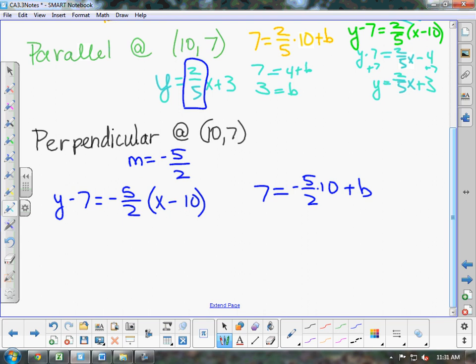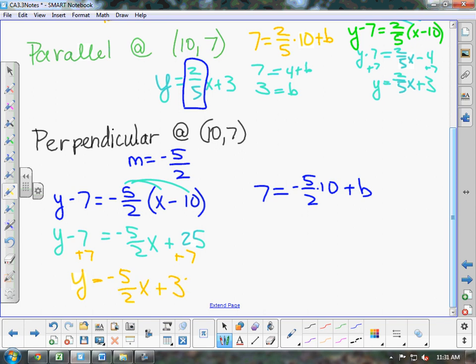Solving either one of these two, distributing that, you'd get negative 5/2 x plus 25 equals y minus 7. And then if you get y by itself by adding 7, you would have negative 5/2 x plus 32.